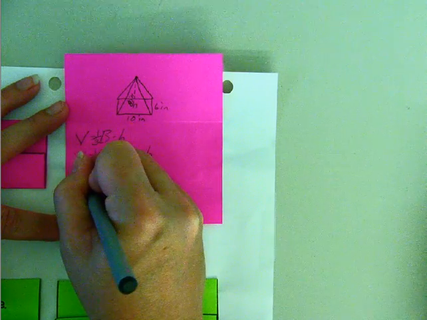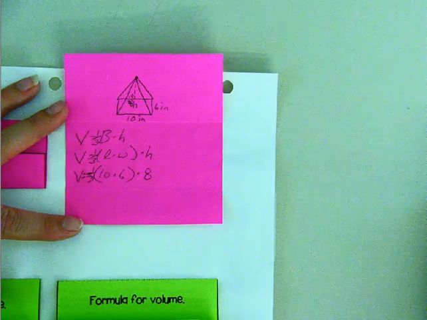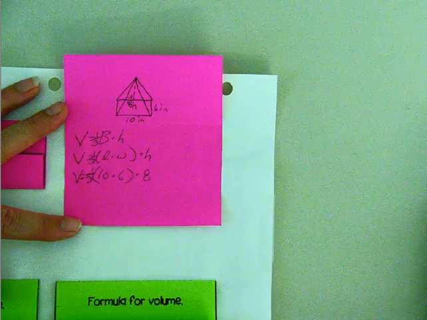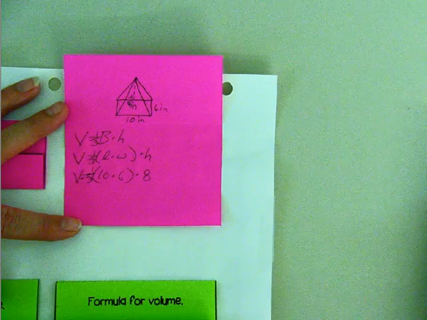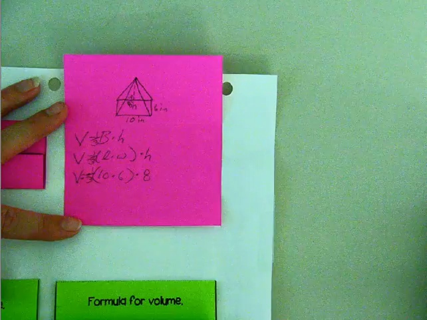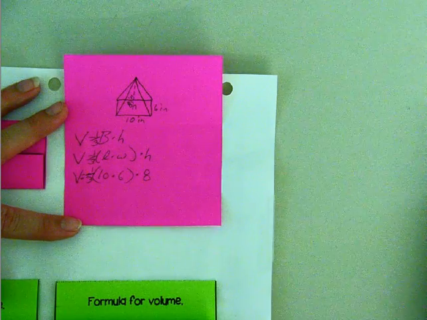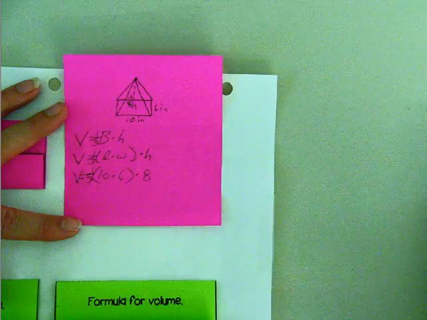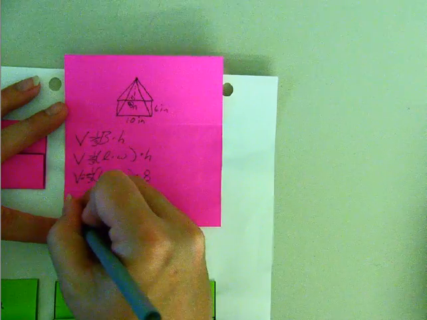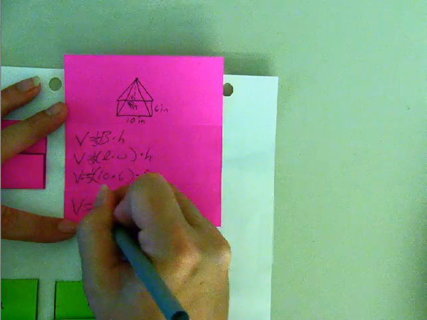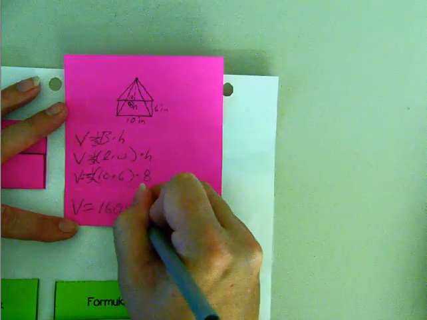So make sure that we have that 1/3 there. We can't forget him. So 10 times 6 times 8, and we want 1/3 of that. I got 160 inches cubed.